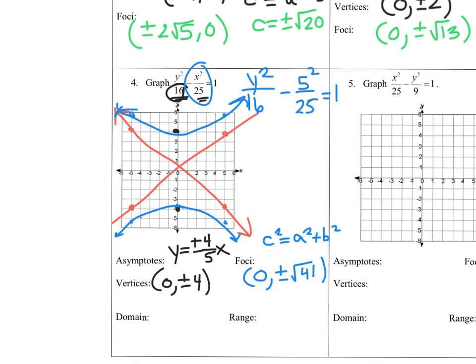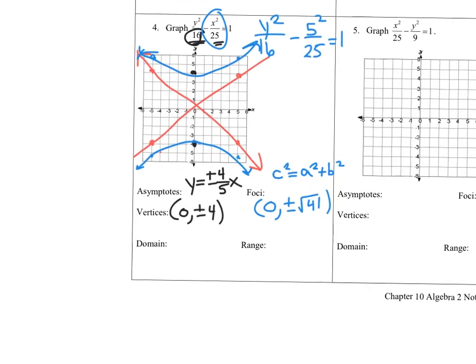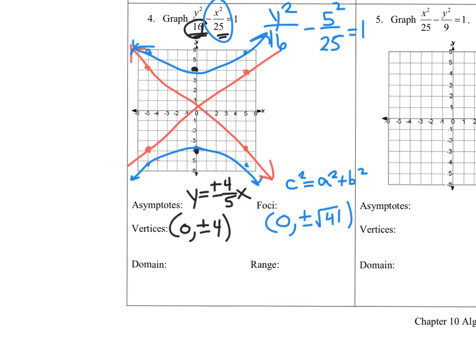So when you're doing the domain and range of a hyperbola, if I look at my blue function, I'm going left to right infinitely. So the domain is going to be all real numbers. If you write it in interval notation, it's going to be negative infinity to infinity. The range is going to be going from negative infinity, but you're going to stop at the vertex right here.